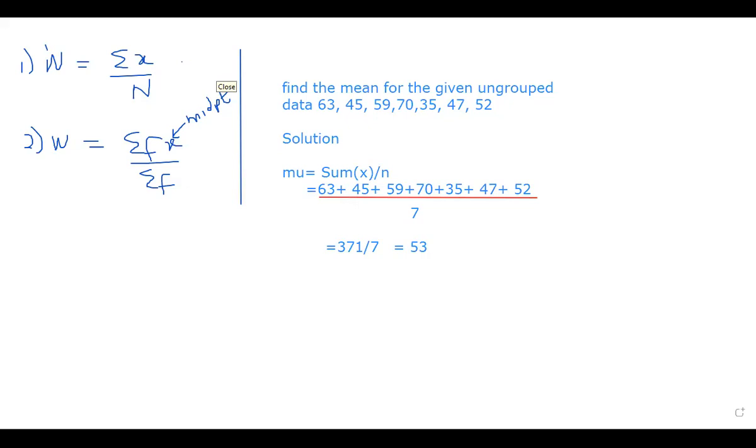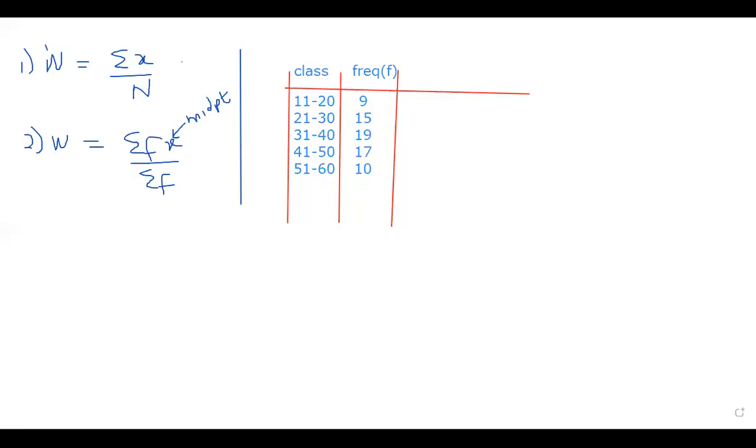Now, let's try one for the grouped data. This is grouped data. You see, they've been classified into the various categories, or what we call groups, with a corresponding frequency. Anytime you are given grouped data, what you do first is to find the midpoint, because you don't have your x.